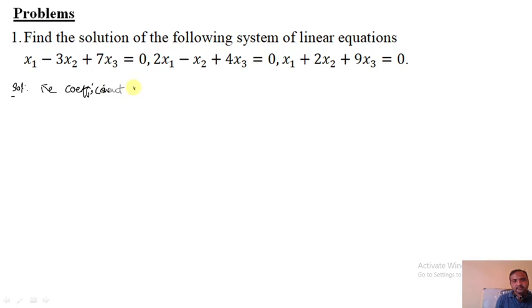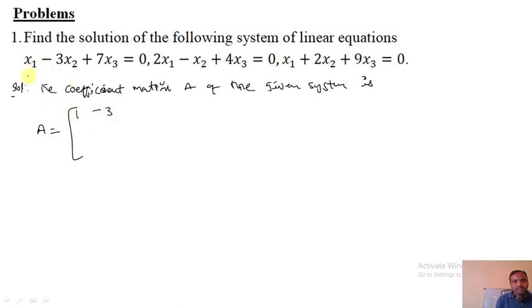The coefficient matrix A of the given system is, write directly the A matrix: 1, minus 3, 7.